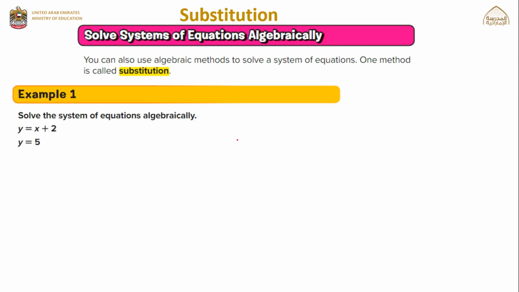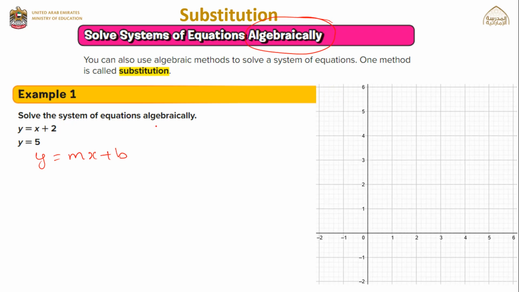As we have seen in the previous lesson, we solved the system of equations graphically, but here you'll be solving the systems algebraically. When you have a system of equations, make sure that they are in slope-intercept form. Okay, so you'll be having a coordinate plane.